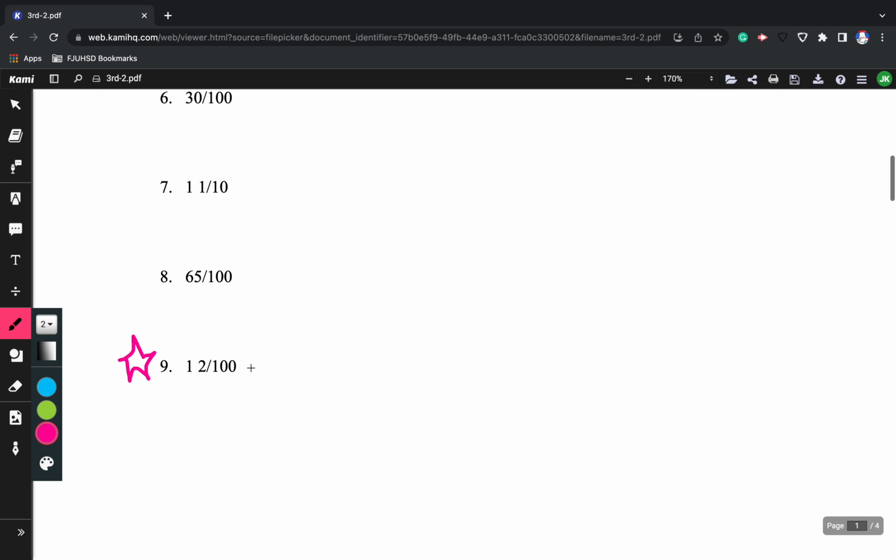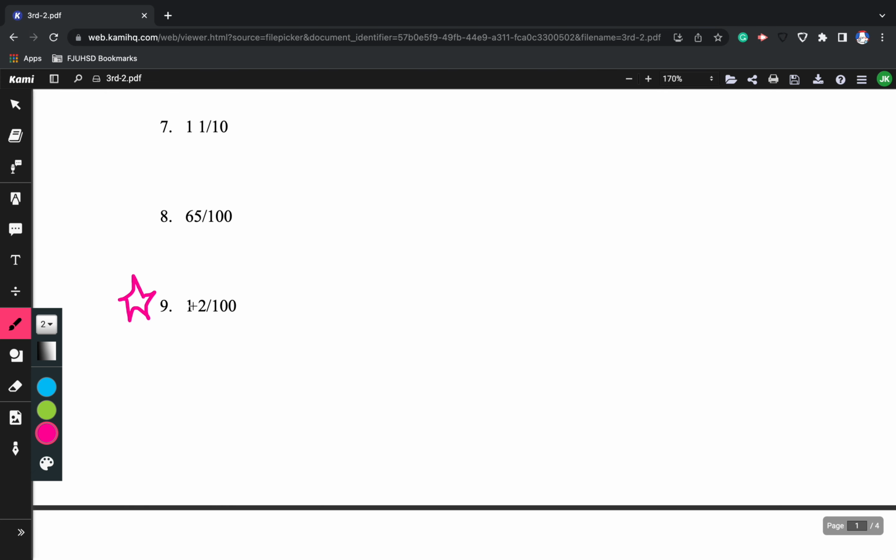So let's look at this one. 1 and 2 hundredths. If there's a space separating a whole number and a fraction, it's going to be a 1 and then a point, since it's separating. Think of this as its own. And then I'll just put this in the triangle.